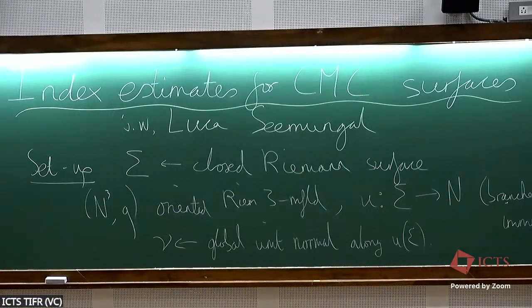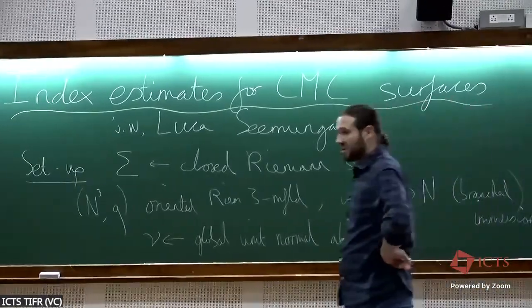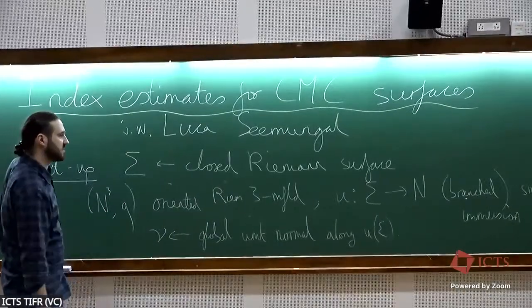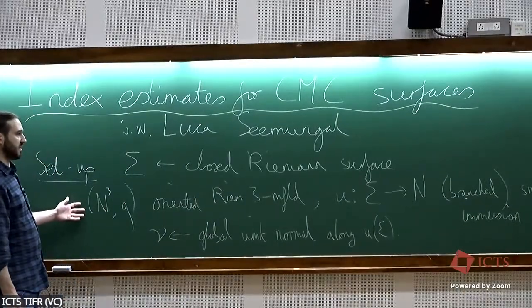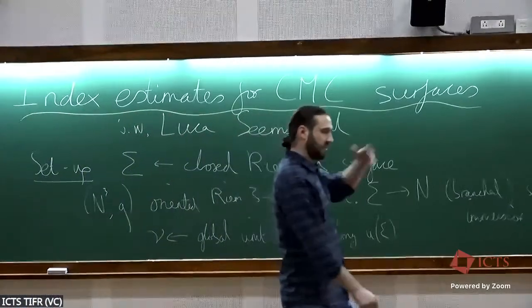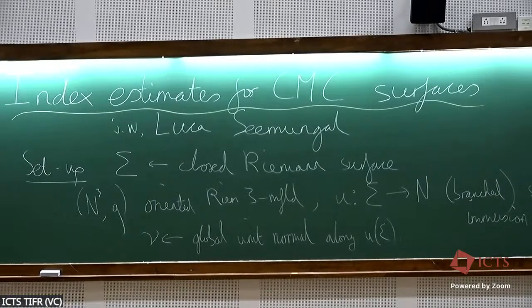So we're going to restrict to two-dimensional domains, so our CMC surfaces will all be closed surfaces, and they will always sit inside some ambient three-manifold, which will be complete but not necessarily compact. So think R3, S3, H3, any quotient of those you care to choose.